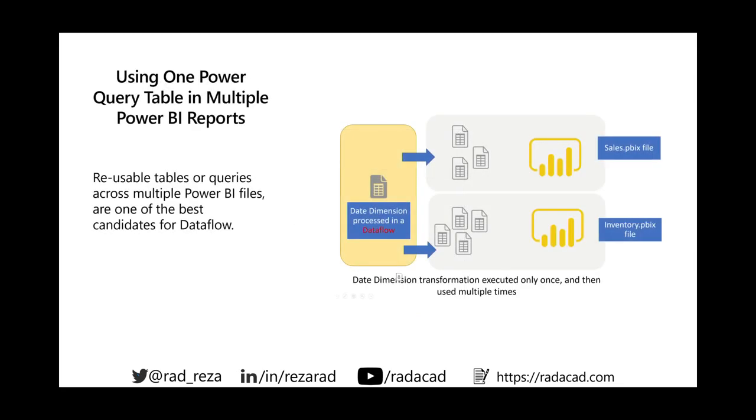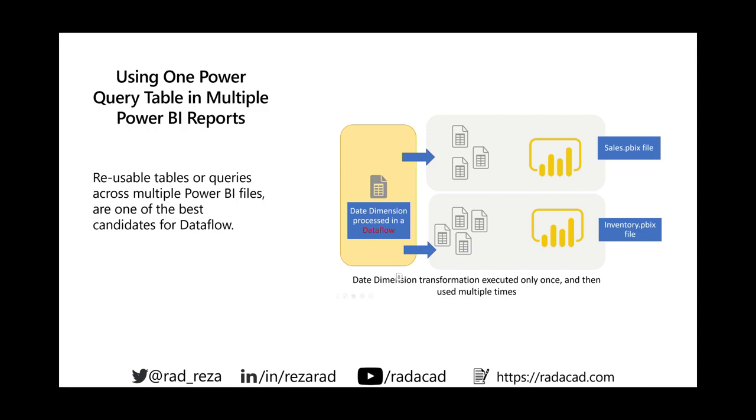So if I talk about that same scenario that I had, where I want one table to be replicated in multiple files, I don't really replicate that table. I build it once through my data flow. Then I reuse it multiple times in different files, right? Instead of recreating it again, I create a data flow with that file.